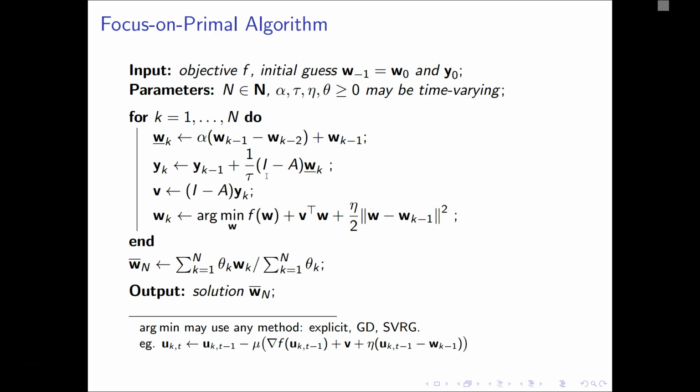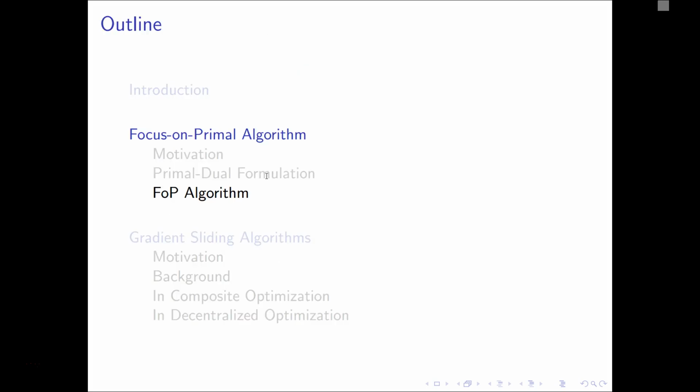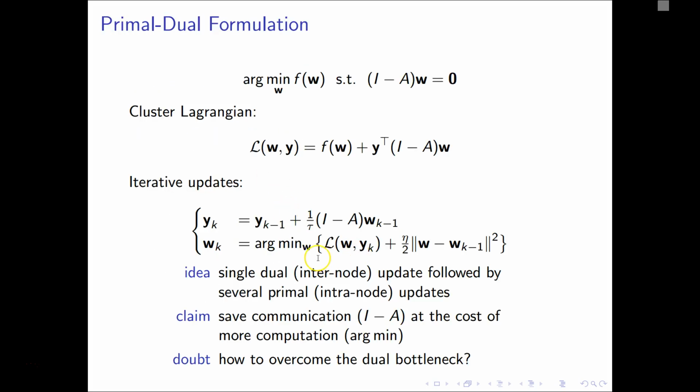Notice that I did mention in the last slide that during the primal update, you actually have to do another round of (I minus A) times w. This is because, look at the Lagrangian here, you have another (I minus A)w. So you essentially have to do another round of communications.